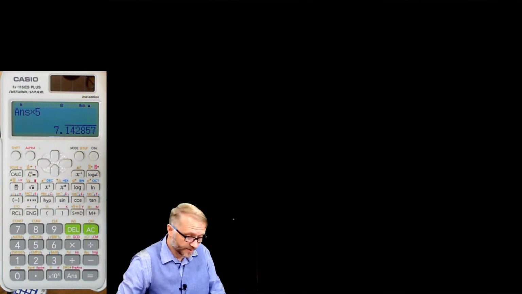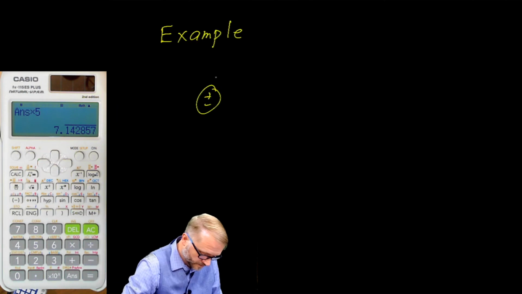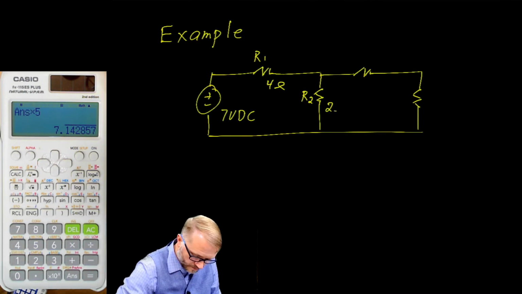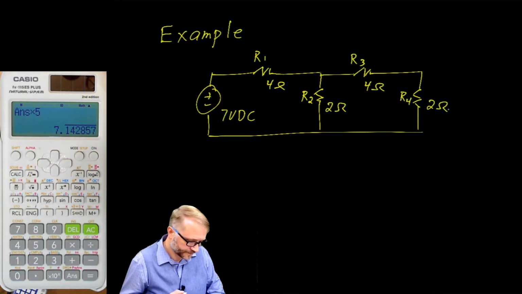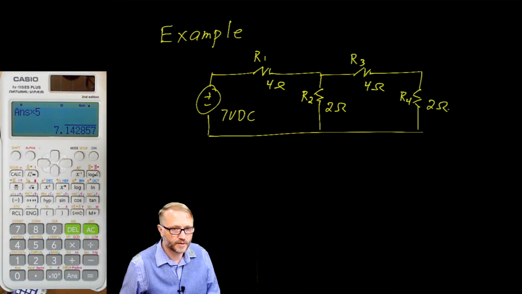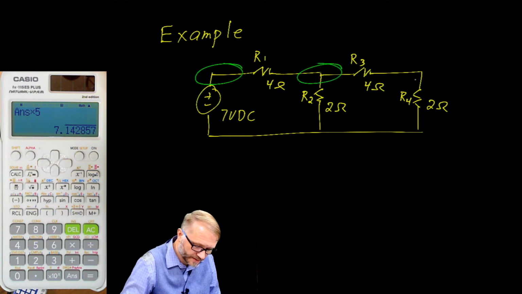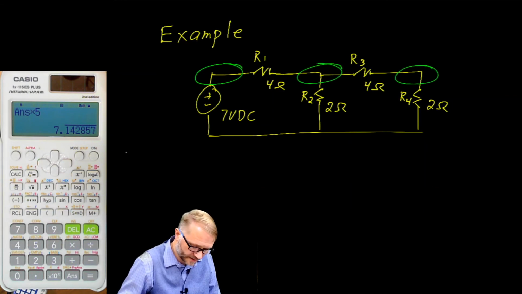Let's work an example. How many nodes do you see? Well, I would argue that there's one there. There's a node there. There's a node there.